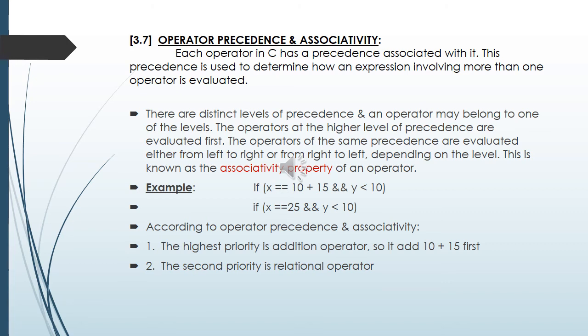Operators of the same precedence are evaluated either from left to right or from right to left depending on the level. This is known as the associativity property. For example, x = 10 + 15 and y < 10: according to the associativity property, 10 + 15 addition will be performed first, then it will check y is less than 10.